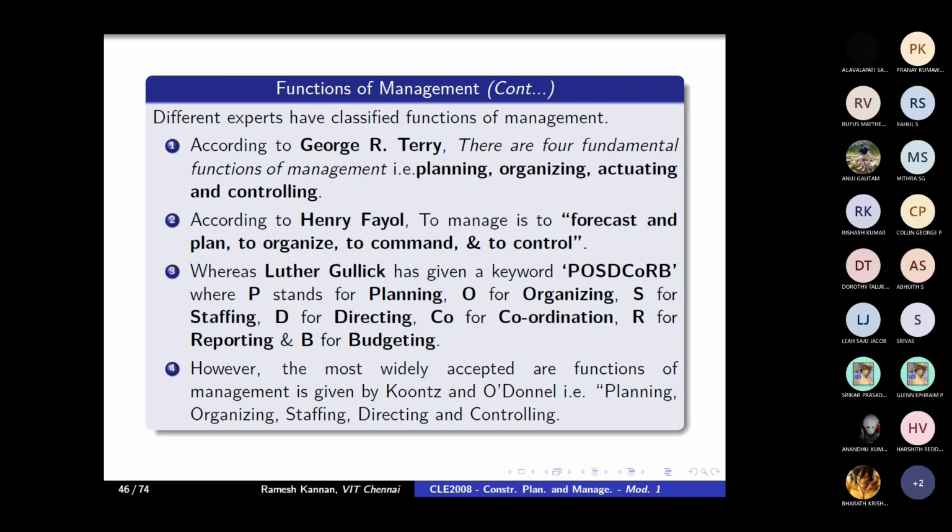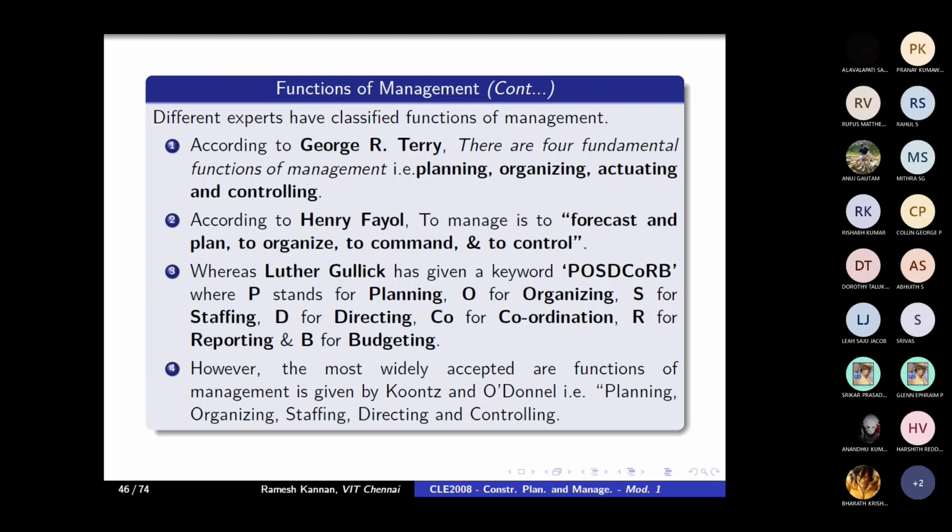R stands for reporting, like we talked about monitoring or controlling. That can be put under reporting. B for budget is the financial thing, like how money gets involved in the functions of management. To achieve the organizational objective, you have to provide not only the four or five fundamentals of management, but also the seventh fundamental, which is monetary involvement.